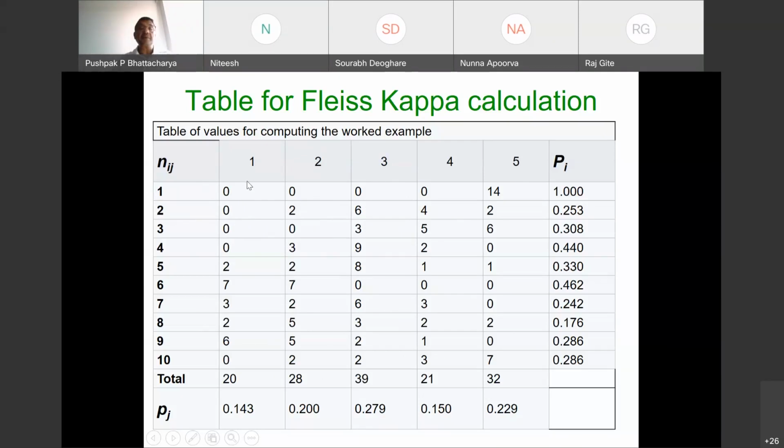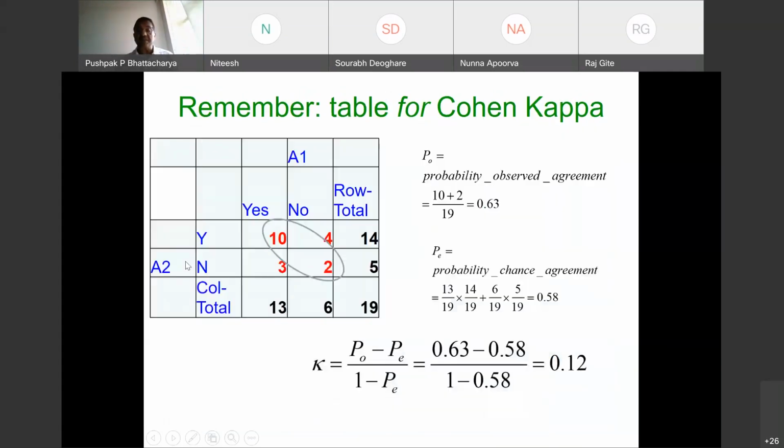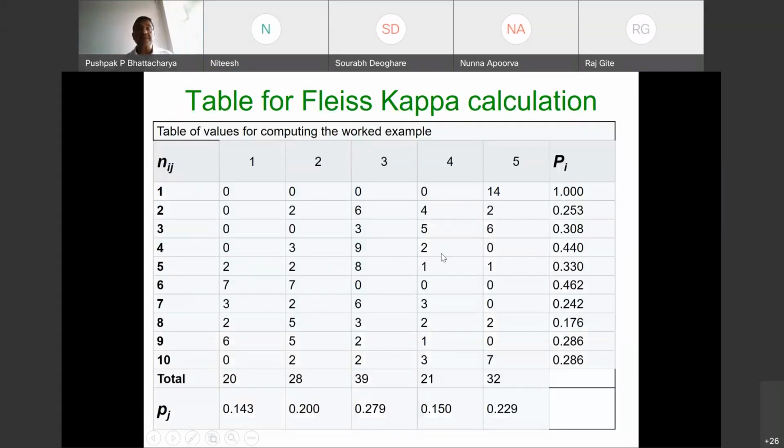Instead, we have the table as rater number 1 versus rater number 2, whereas the Fleiss Kappa table is subjects versus categories, data instances versus classes. This is how the table is organized.